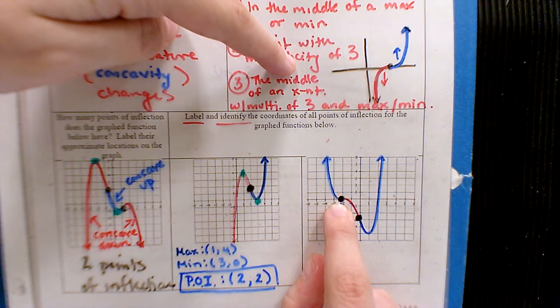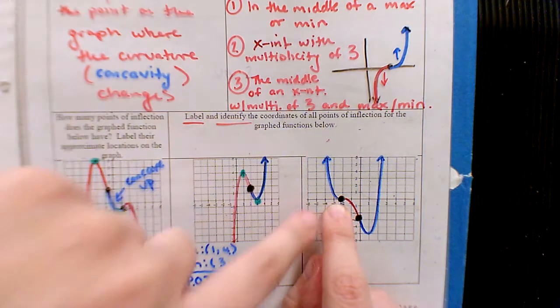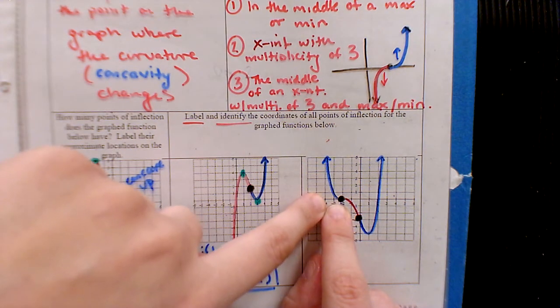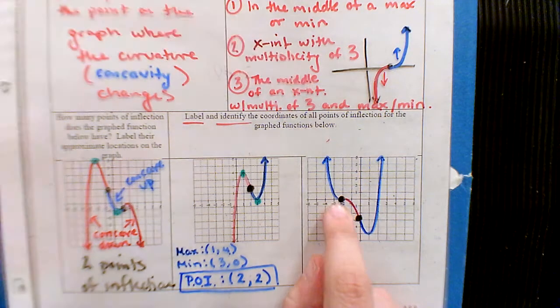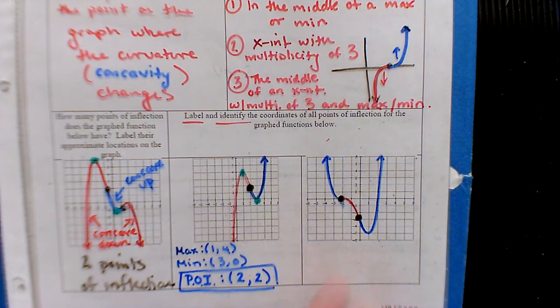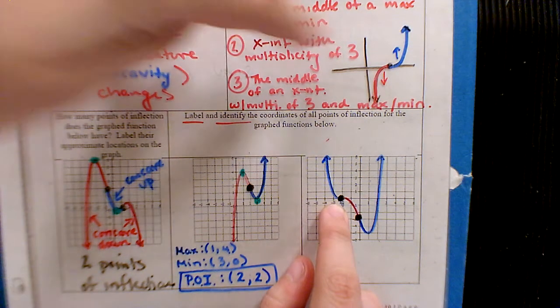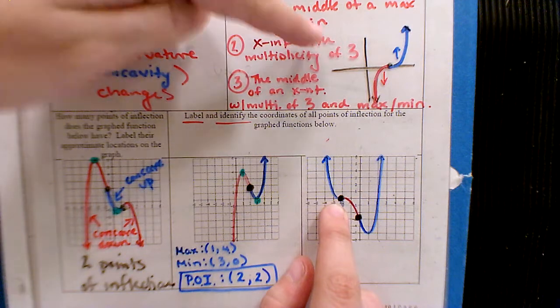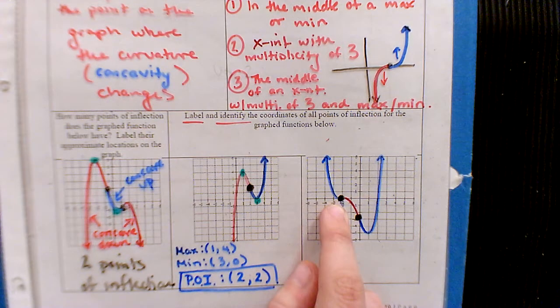Okay. It's 2. Okay, this is an x-intercept, right? It's on the x-axis. Number 3 is a point in the middle of an x-intercept, not an x-intercept exactly. So number 2 is the only one. If you have a point on the x-intercept, or on the x-axis, it's probably going to be this one, an x-intercept with a multiplicity of 3.